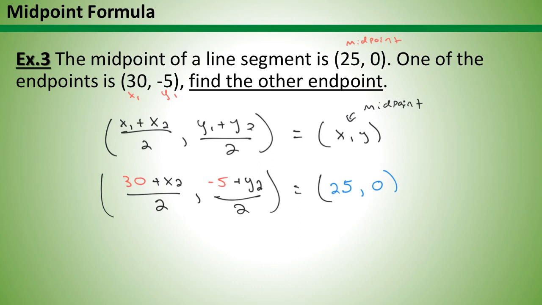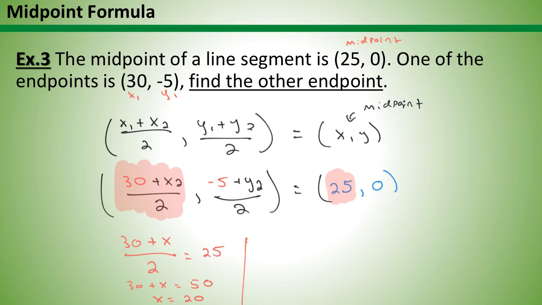The first equation is our x's, which should equal 25. So 30 plus x over 2 is equal to 25. Multiply both sides by 2, and that gives 30 plus x is equal to 50. So x is 20. That's the x value of this other endpoint.